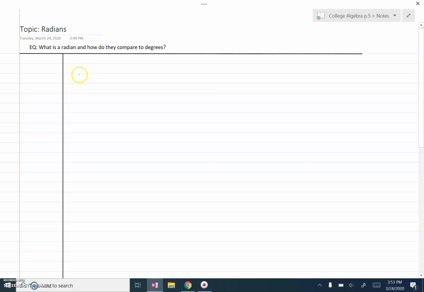So if we look at an angle, a couple things to start off with, just the basics of what an angle is. If you look at an angle, it has two rays and a point here. That point is called the vertex.